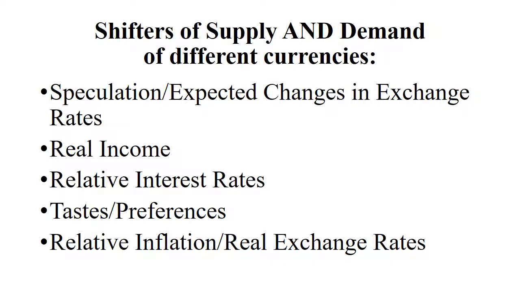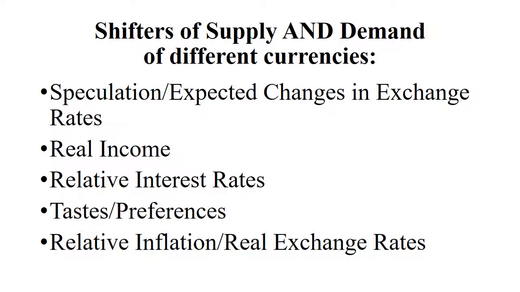Tastes and preferences are all about popularity of foreign goods. Sometimes things happen that make a certain country's products more popular or less popular, and that can shift the demand of the currency, and then, therefore, supply of your currency. If you're buying fewer products made in Cuba, then you would supply fewer American dollars to buy those products.